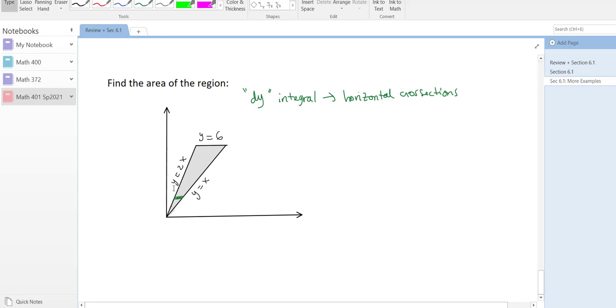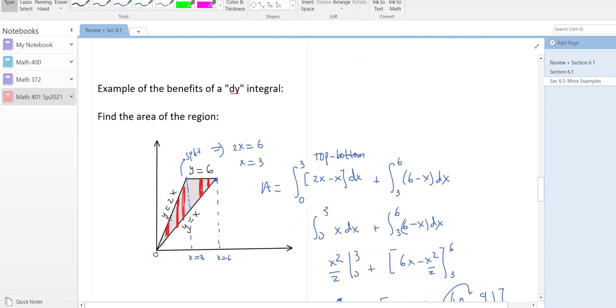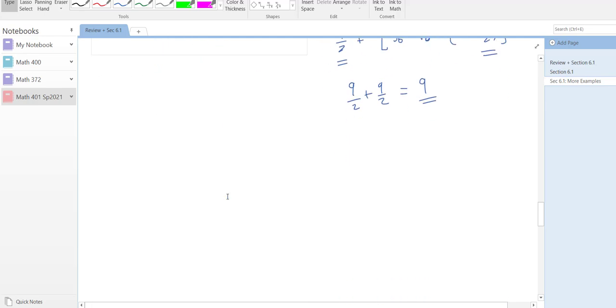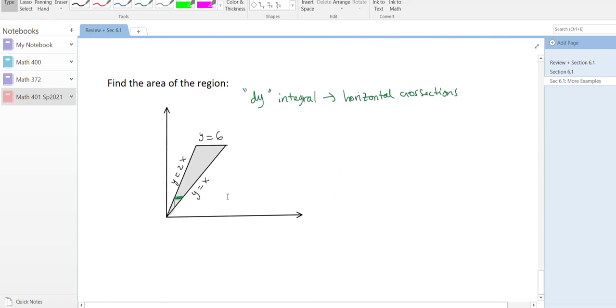So as we did in the previous one, I asked you, does top minus bottom change? Well, yep. After that blue line, the top function changed from being 2x to being 6. So that lets me know that I need two different integrals. So for this one, does right minus left change?